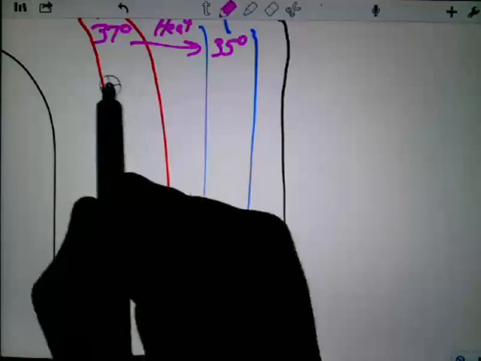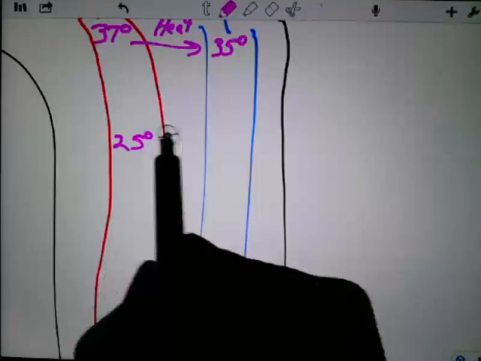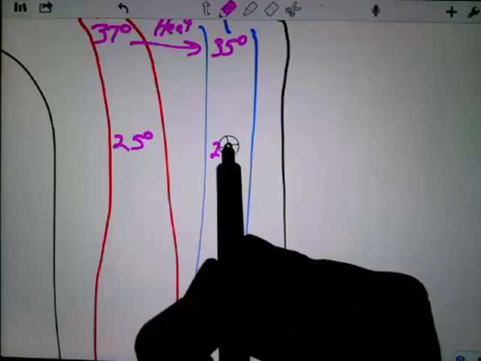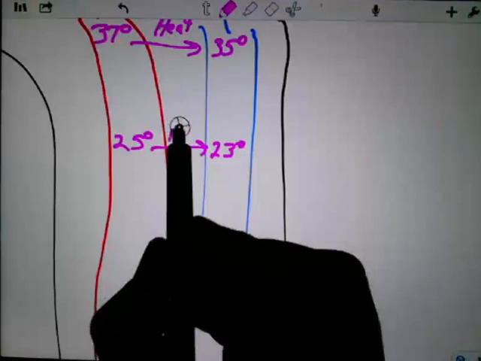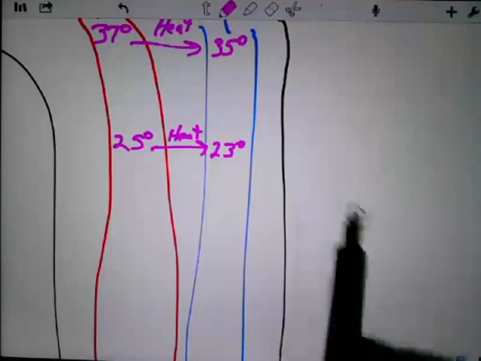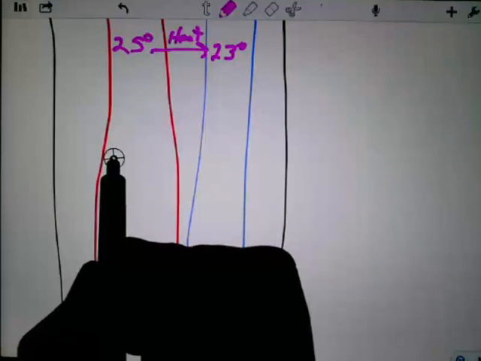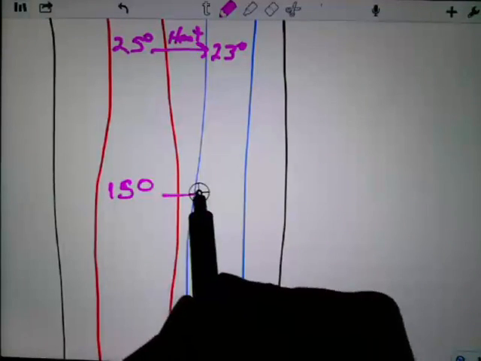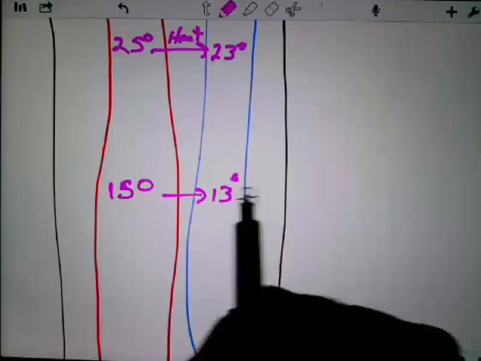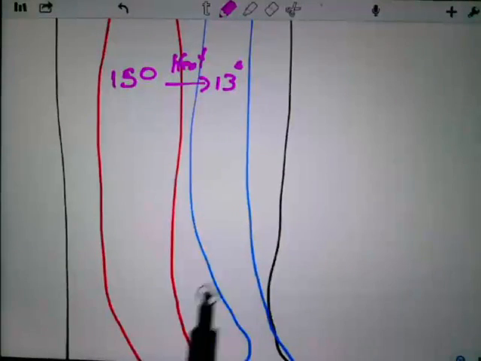Move down, and somewhere here we may be at 25 degrees, but colder still in the venous blood, and again we get heat transfer. Further yet, maybe down here we're at 15 degrees, and again heat transfer.